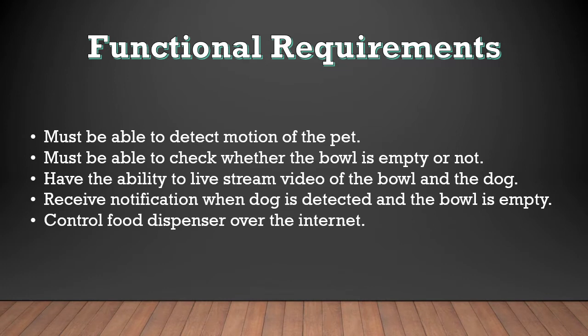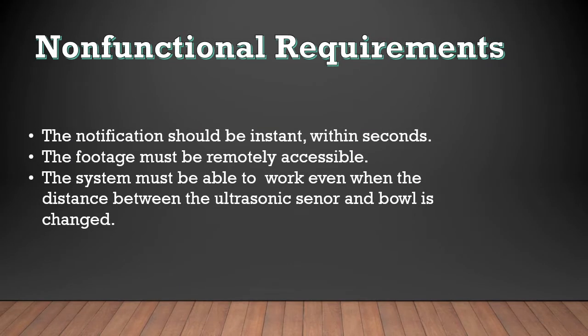Fundamental requirements: it must be able to detect motion of the pet, check whether the bowl is empty, live stream video of the bowl and the dog, receive a notification when the dog is detected and the bowl is empty, and control the food dispenser over the net. Functional requirements: the notification should be instant, within seconds, the footage must be remotely accessible, and the system must be able to work even when the distance between the ultrasonic sensor and the bowl is changed.